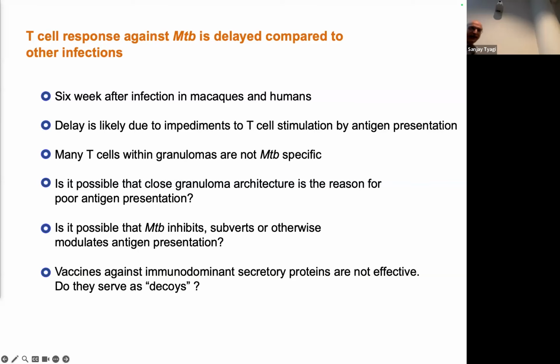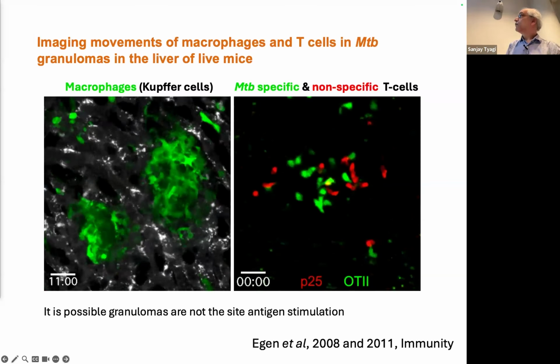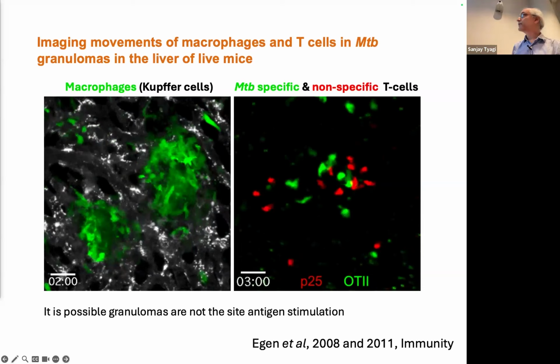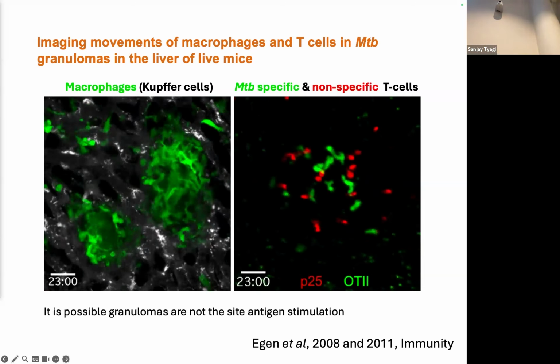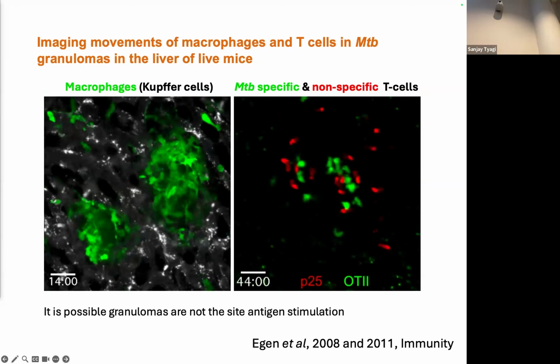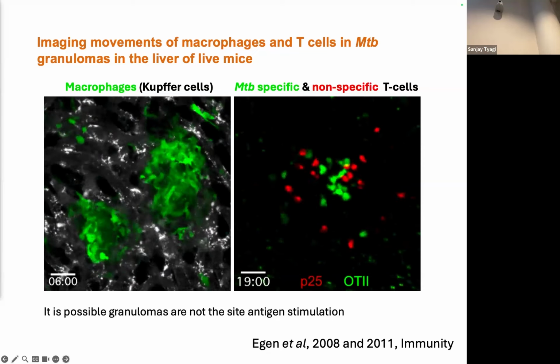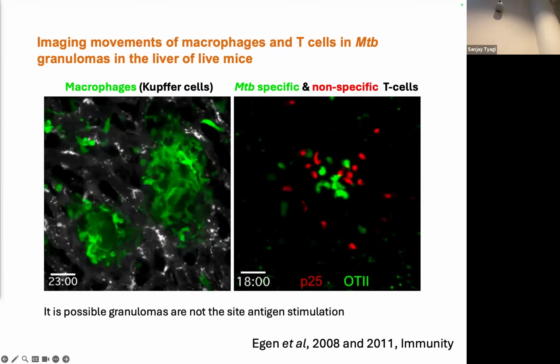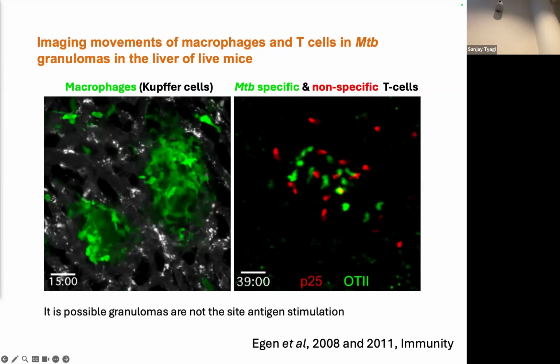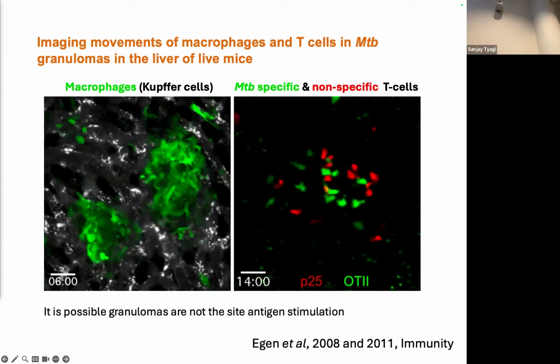And this next slide I found in a very, very interesting set of papers by this group at NIH. They were able to image granuloma formation in vivo in mice.